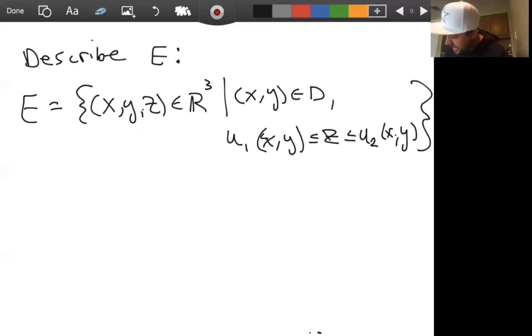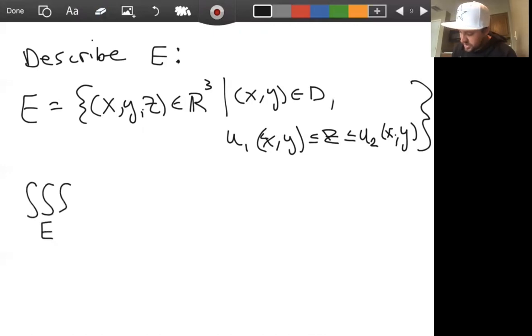And that means we can set up the triple integral as follows. We can set up the triple integral over the region E of f of xyz dV.